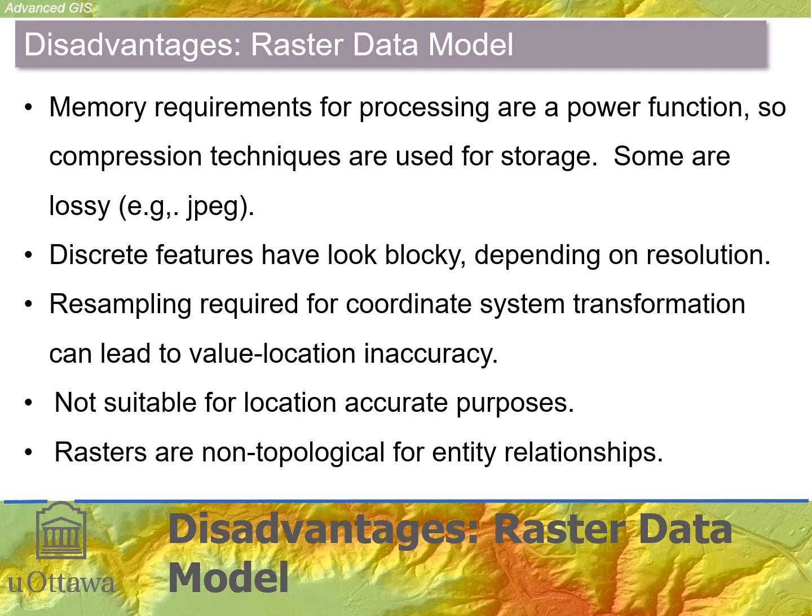Also, rasters are non-topological, and that means that there are no spatial logic or relationships that can be used based on spatial logic to trace things through raster space, for example. The best example of this would be driving directions on a road network. Road networks are vector for the purpose that they are created with or represent lines and nodes.